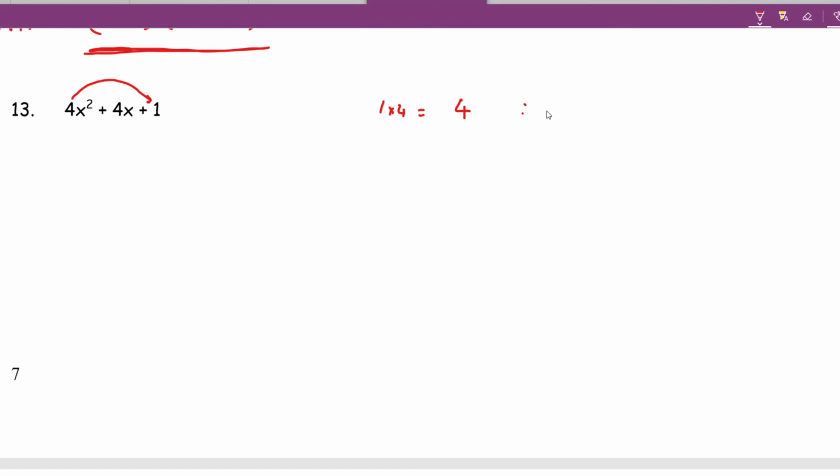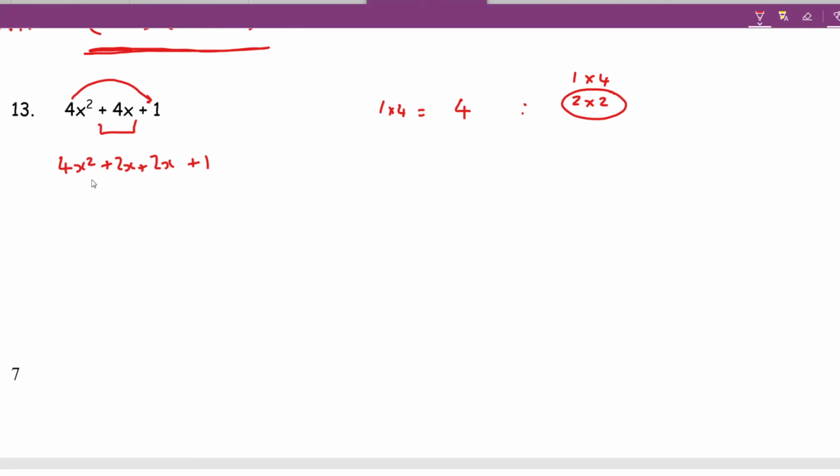It can't be 1 times 4 because they're going to add together to make 5. So it has to be 2 times 2, which multiply together to be 4 and add together to be also 4. So I'm going to replace this 4x with plus 2x plus 2x, and plus 1.